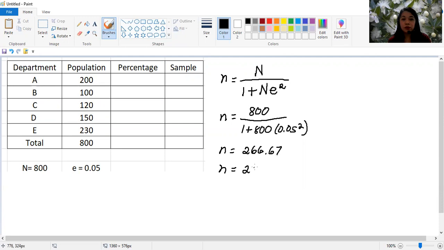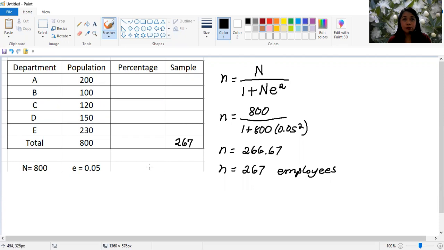Okay, so this will be 267 employees. Now, we know that our desired sample size should be 267. So this is our desired sample size.